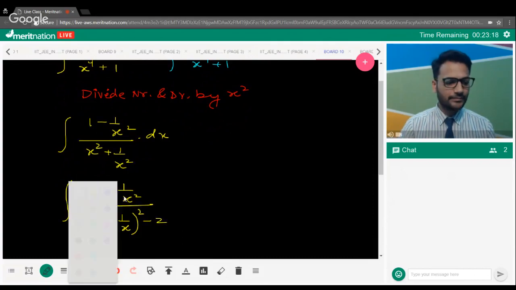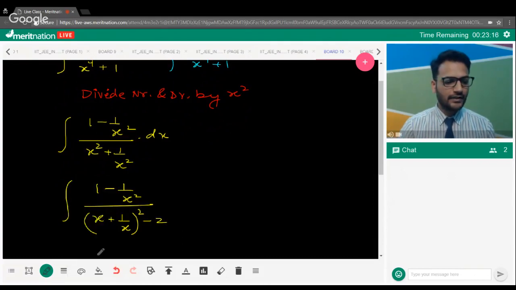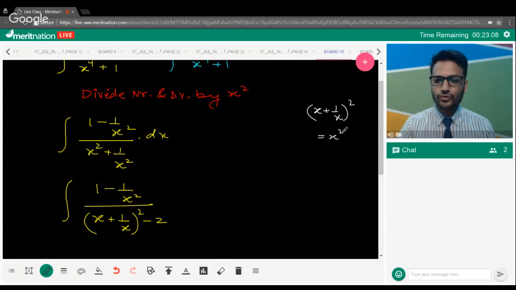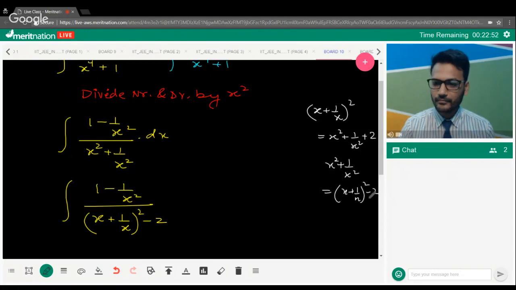To explain this: x plus 1 upon x whole squared is x squared plus 1 upon x squared plus 2x times 1 upon x, which just gives me 2. Yes, making the perfect square in the denominator. Therefore, x squared plus 1 upon x squared can be written as x plus 1 upon x whole squared minus 2. Right?